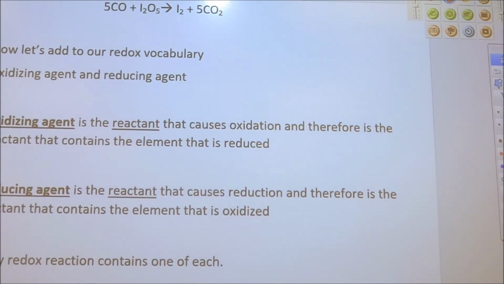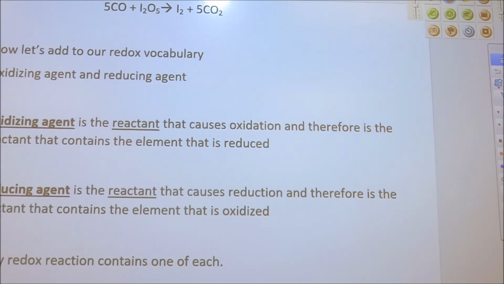Oxidizing agent is a reactant that causes oxidation and therefore is a reactant that contains the element that is reduced. The reducing agent causes reduction and therefore is the reactant that contains the element that is oxidized.